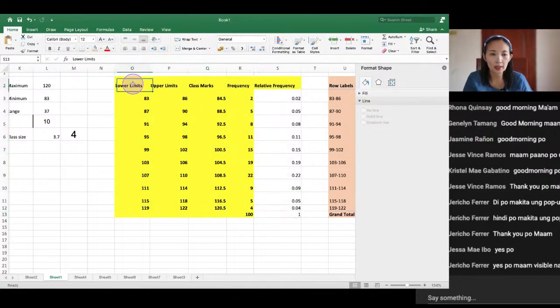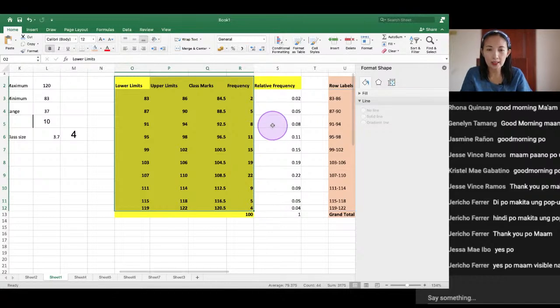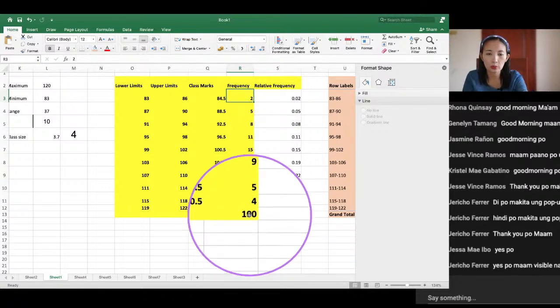But just your classes and your frequency is your frequency distribution. So once again, for a relative frequency distribution you simply add one column for relative frequency. And how is it computed? Frequency of that particular class divided by the total frequency.